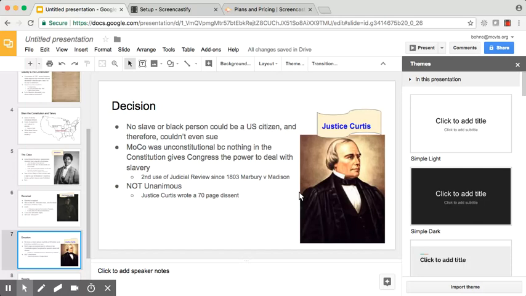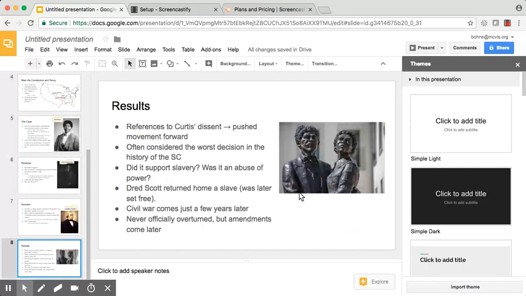Even Abraham Lincoln used it. So the results were that the references to Curtis's dissent pushed the movement forward as far as ending slavery, as for equal rights, and all those sorts of things.